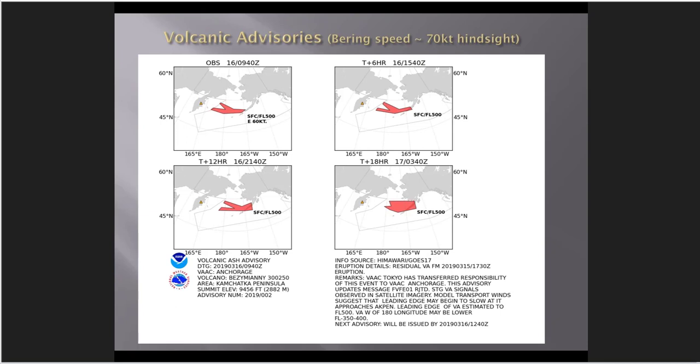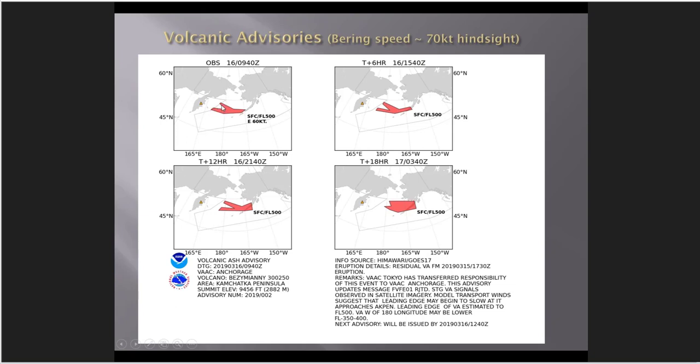Okay, what did this do for our volcanic advisories? Our area of responsibility is shown by the gray line here, and we came up with 60 knots in operations, and this is what, in collaboration with the Tokyo VAAC, we came up with: 60 knots and from the surface to 50,000 feet for this major eruption. On the FIR boundary, the first VA needs to agree with Tokyo VAAC's issuance.